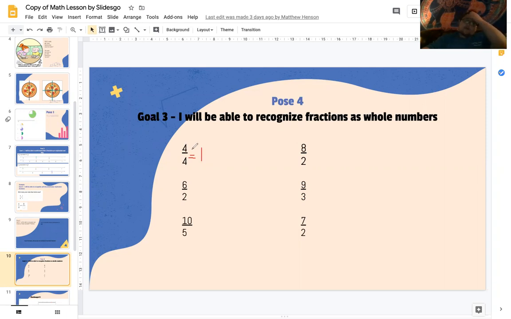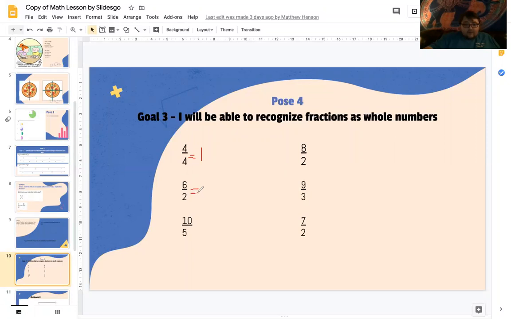We know that because 4 parts shaded in of a shape that has 4 parts is going to mean the whole thing is shaded in. But you can also look at it as 4 divided by 4, and that equals 1.